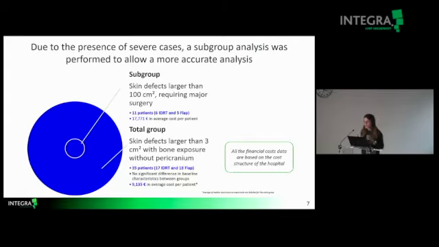The financial costs are based on the cost structure of the hospital, which means the cost of the OR has been set up or analyzed based on the hospital data. So it's real life, real cost, and real data.